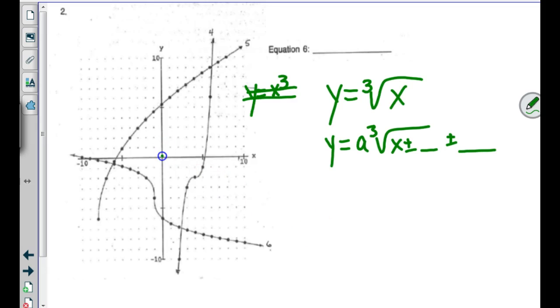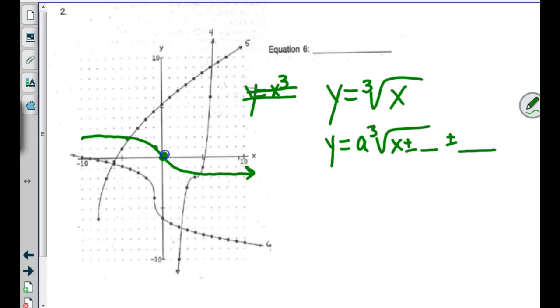The cube root graph normally looks like this. Let's see. The cube root of 8 would be 2. It would be way back here. So it normally looks like that.